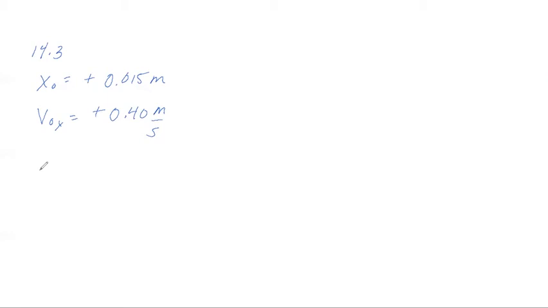All right, so from 14.2, we know the angular velocity was equal to 20 radians per second. And we know the period was equal to 0.31 seconds. Okay, so first, find the period.